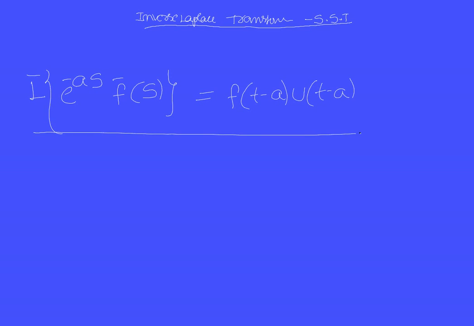So what the second shifting theorem says is, L inverse of e power minus as into f bar of s is nothing but equal to f of t minus a into u of t minus a. This is the statement of the second shifting theorem.